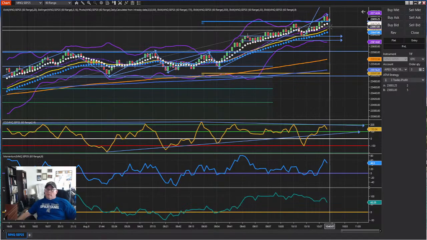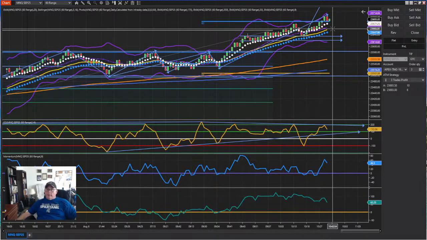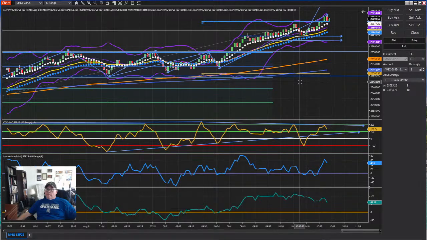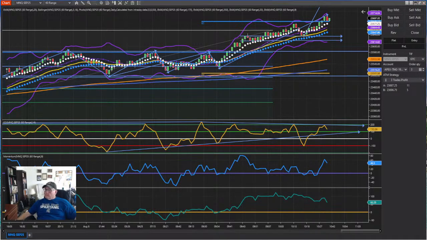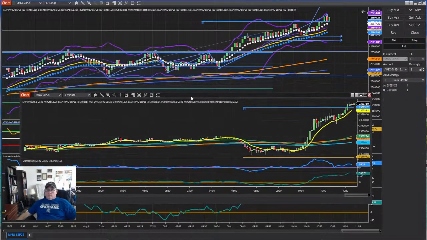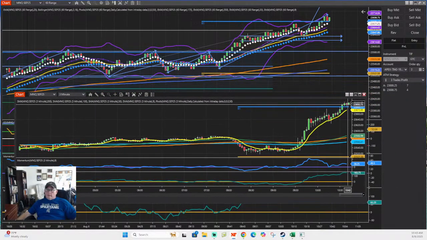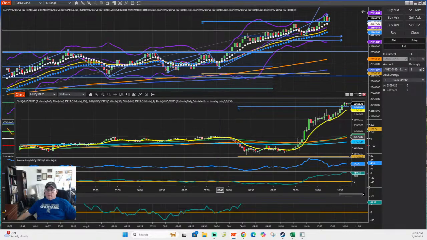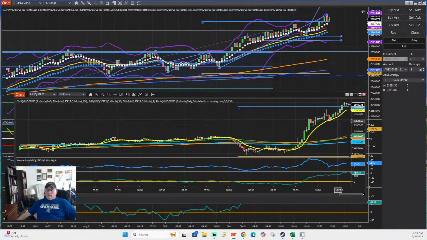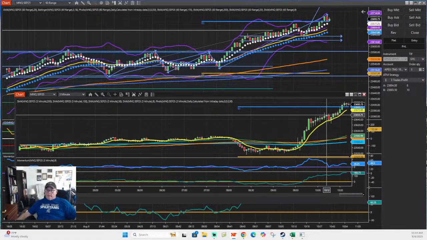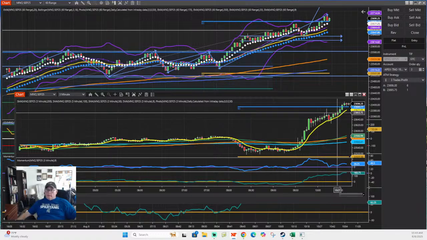Just slowly crawling up right now. It looks like on a 3-minute chart, still haven't really seen a signal. Had one here at 10:12.